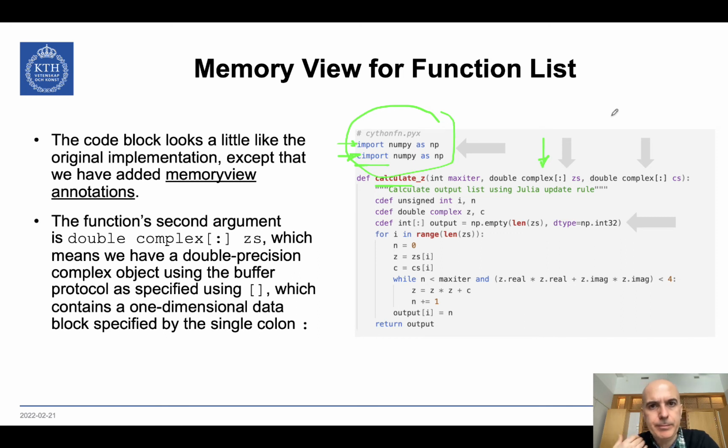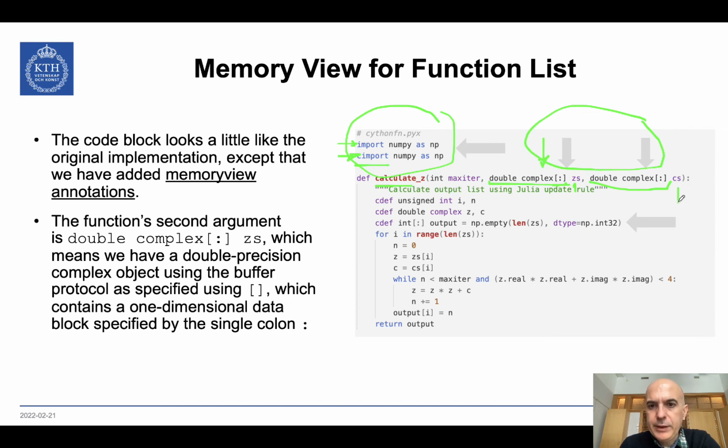These are the NumPy arrays that we give through the arguments of this function using the so-called memory view annotation. What is this memory view annotation? It is the type, then square brackets, and then a colon between the square brackets. These are basically the memory views of our arrays zs and cs.